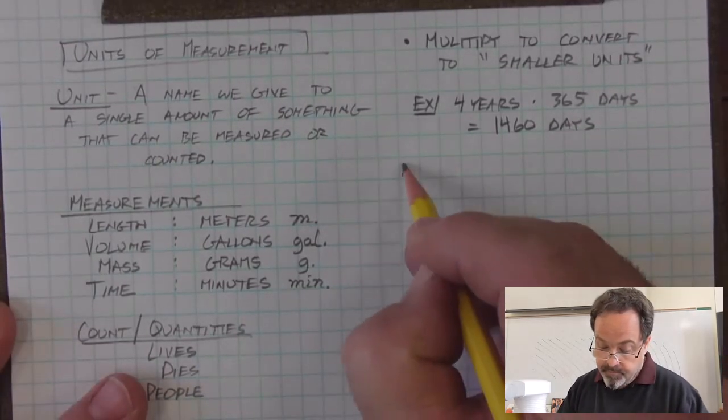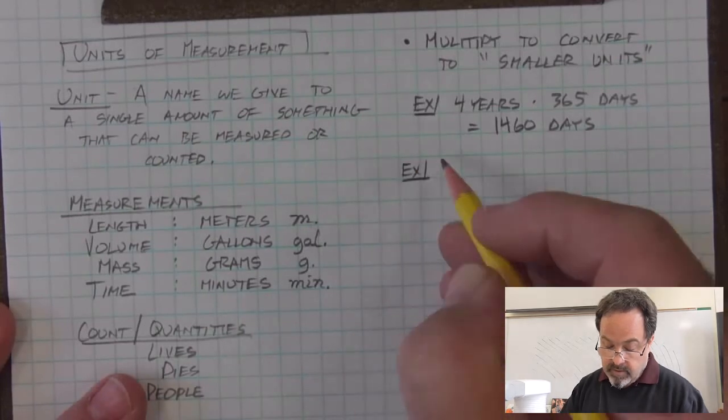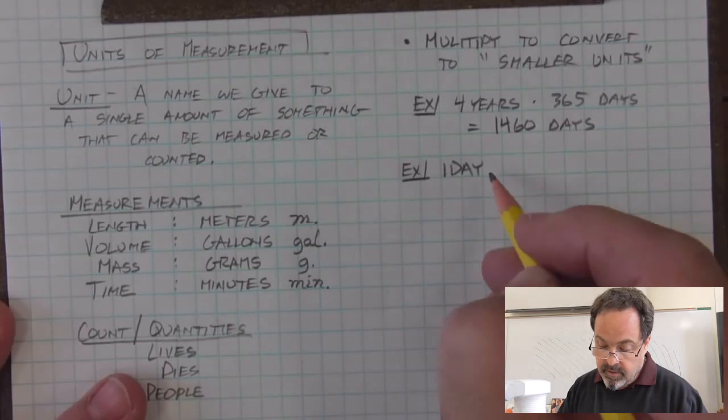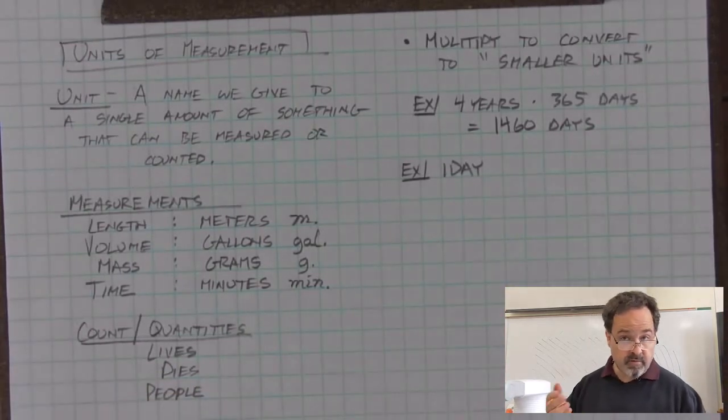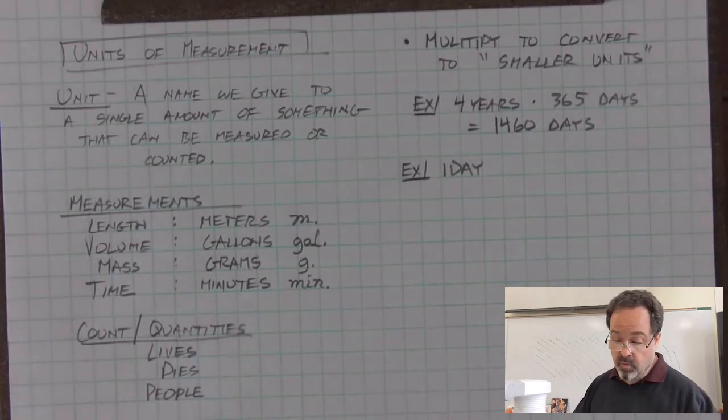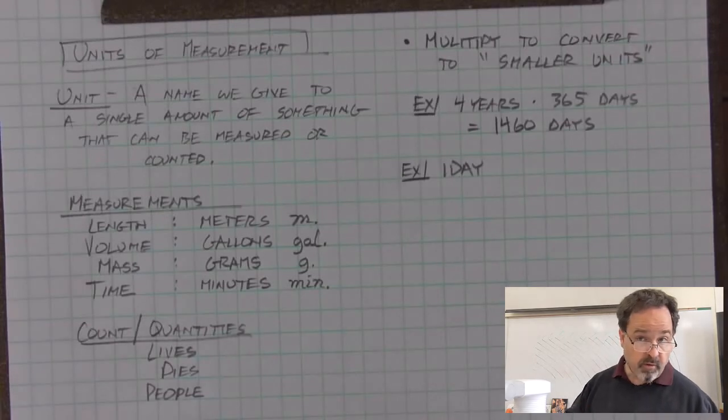Another example, let's say we wanted to take 1 day and convert it to seconds. It's the same amount of time, but we're going to measure it differently. If we measure the amount of time that we call 1 day, what is that in seconds? We're going to multiply to convert to smaller units, but we're going to have to multiply by a few things.